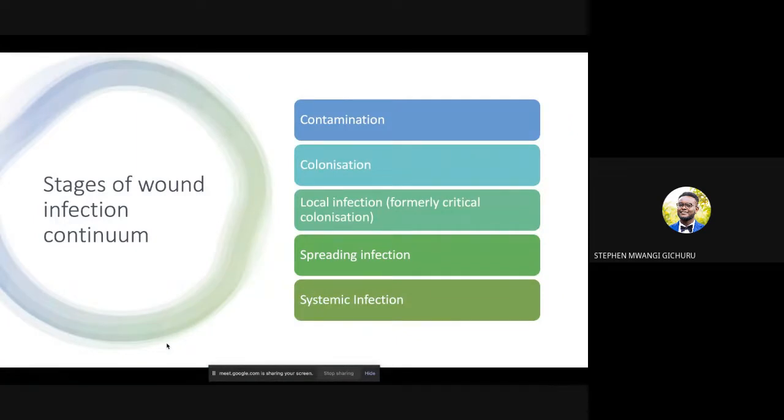When it's a local infection, you put topical antibiotics. When it's a spreading infection, you'll have to put them on systemic antibiotics, either through the vein or oral. And that I think we can discuss when we talk about other things.